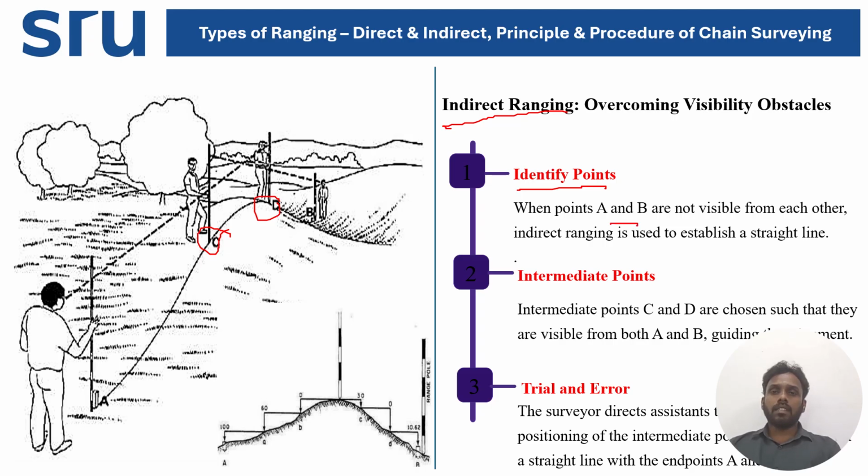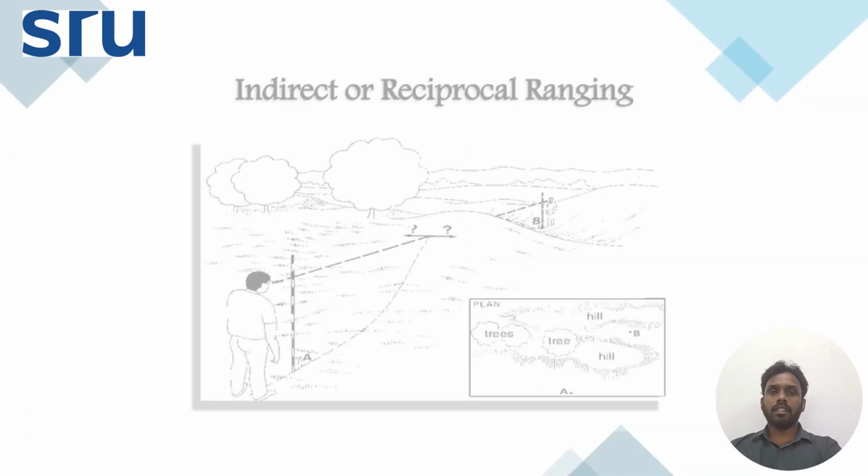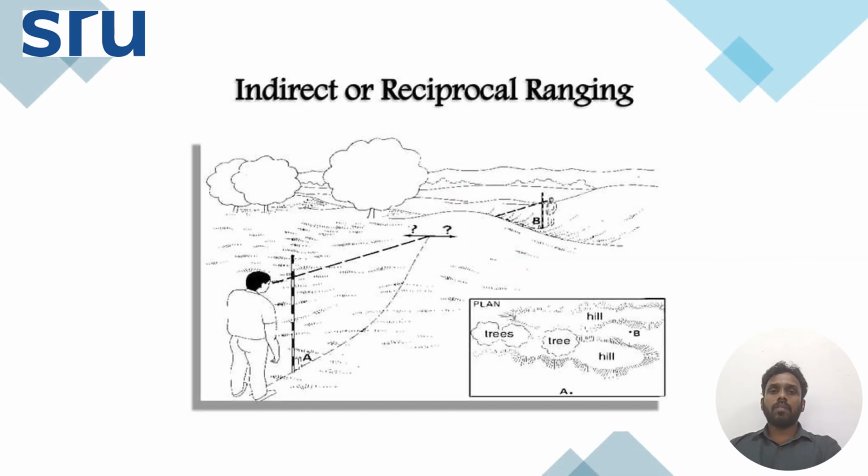Intermediate points C and D are chosen in such a way that from point C you should see point D, and from point D you should see point A. In that condition, they are visible. Here, between A and B, there is a huge hill, and there are trees around them.